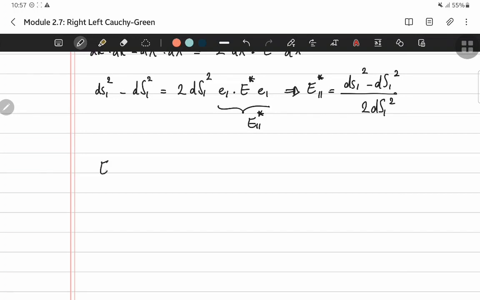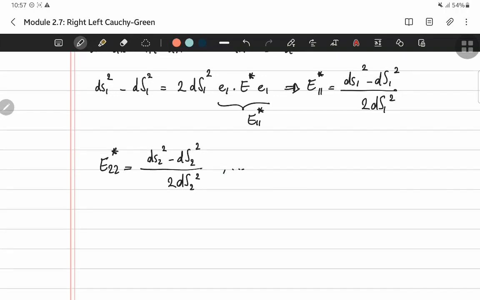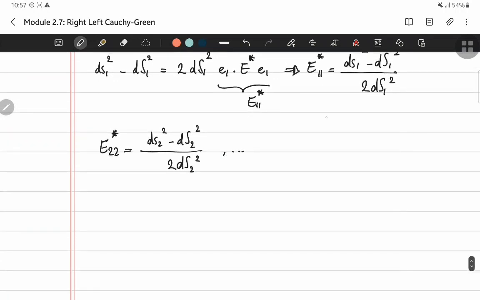You can simply write E star 22 as ds2 squared minus d capital S2 squared divided by 2 d capital S2 squared, and likewise E star 33. But remember that here it is for dx1 equal to ds1 n, and we didn't know that it is in the direction of e1 or whatever.